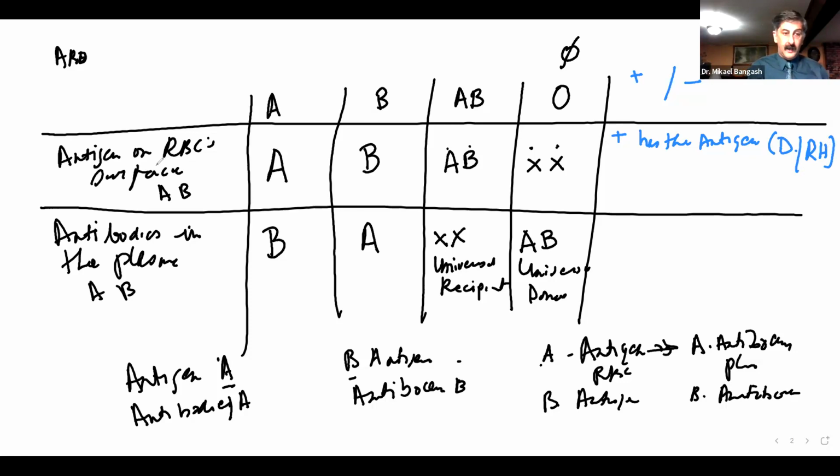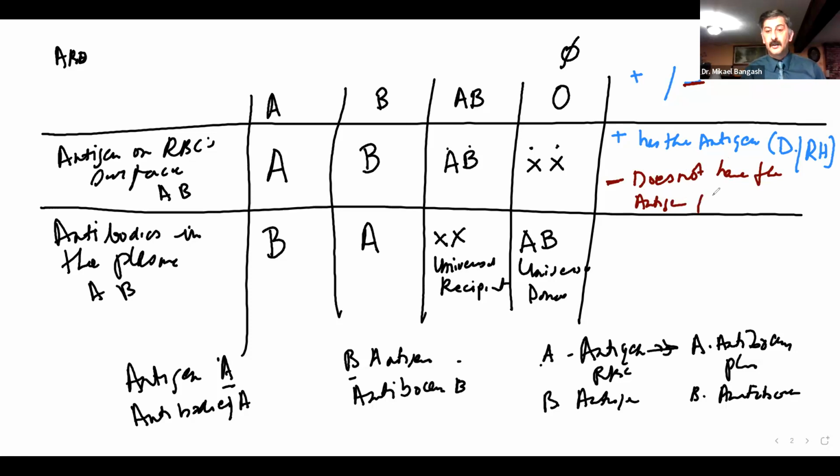Whereas on the other hand, what if you are negative? A negative, B negative, AB negative, O negative. The negativity here means that that person does not have the antigen.